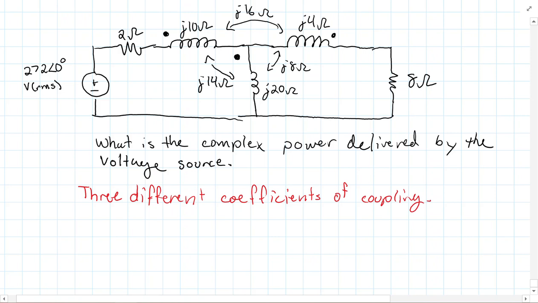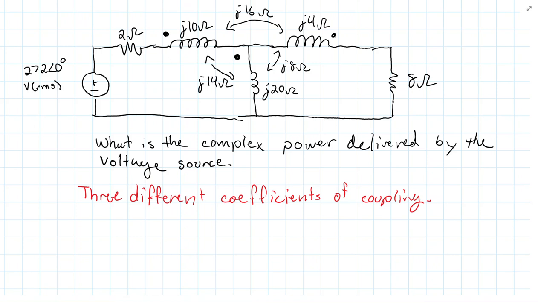If you want to know how you could simulate this with three different coefficients of coupling, you would just have three different Ks for coupling in the simulator, and then you would simply say which two of those inductors are coupled for each one and put in the correct coefficient of coupling for each of them. So maybe we'll look at a simulation of this at some point. But we'd have three different coefficients of coupling. Alright, so big deal here.